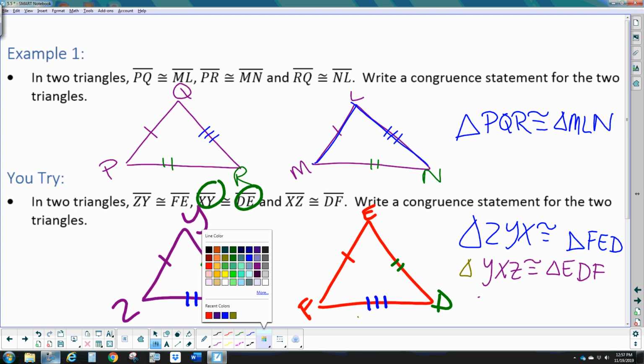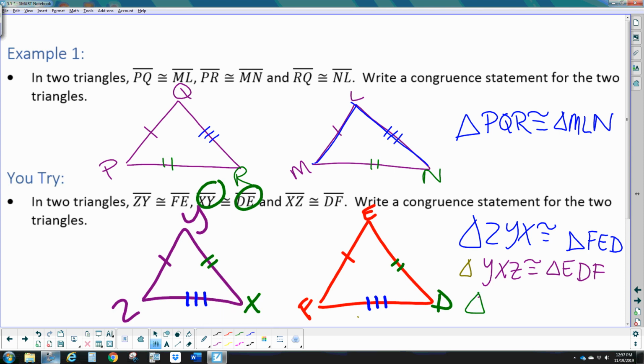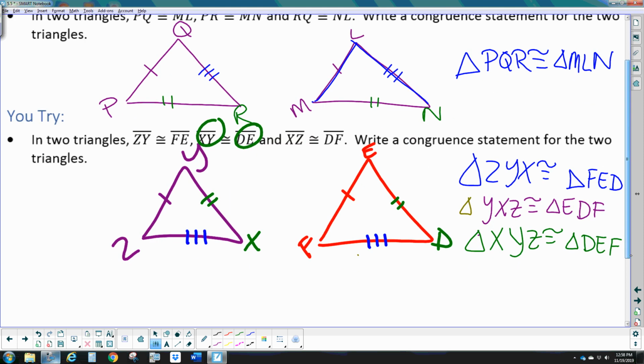Or lastly, we could say that triangle, let's choose a different color, let's start with X. We could say triangle XYZ is congruent to triangle DEF. Or you could say triangle XZY is congruent to triangle DFE.